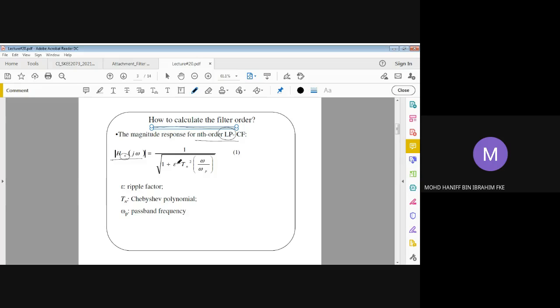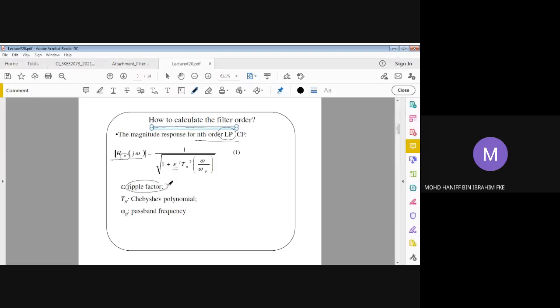Epsilon is the ripple factor, because we understand from the previous slide that Chebyshev has ripple in the passband. T_n is the Chebyshev polynomial, which we will see after this, and ω_p is your passband frequency. This is the equation that governs the Chebyshev filters, the equation of the magnitude response.